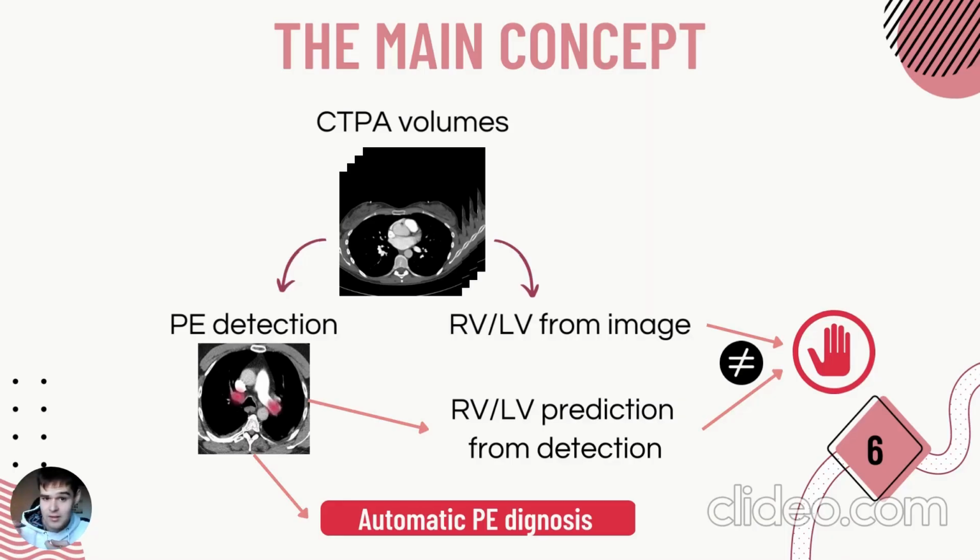And the idea of this bachelor thesis is mainly creating a CAD system, right? So we want to automatically diagnose PE, but also implement these relationships that we have found interesting between the embolic burden, in this case, the embolic burden on the images, and cardiac features. So the idea is that for the images we analyze, we will get right ventricle to left ventricle predictions depending on the embolic burden.